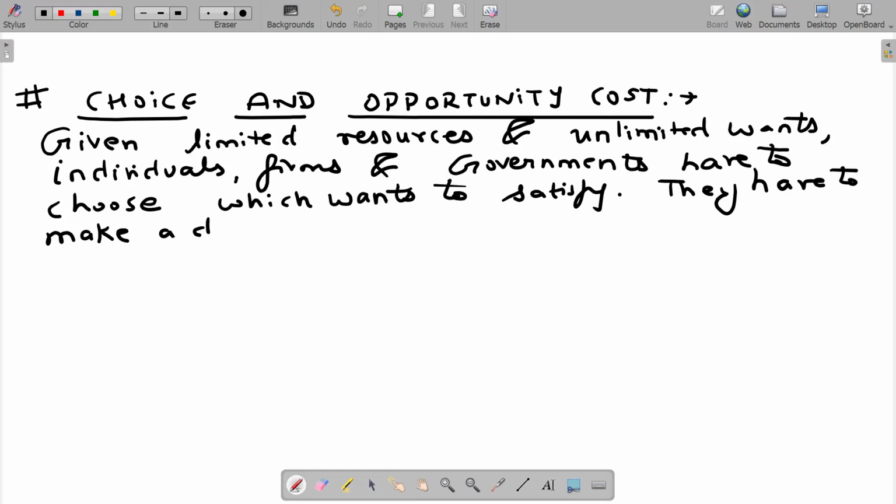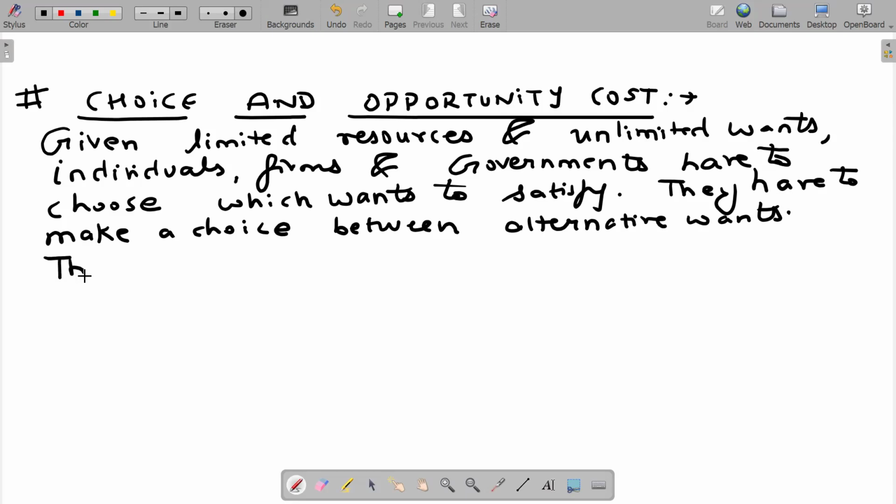They have to make a choice between the alternative wants.